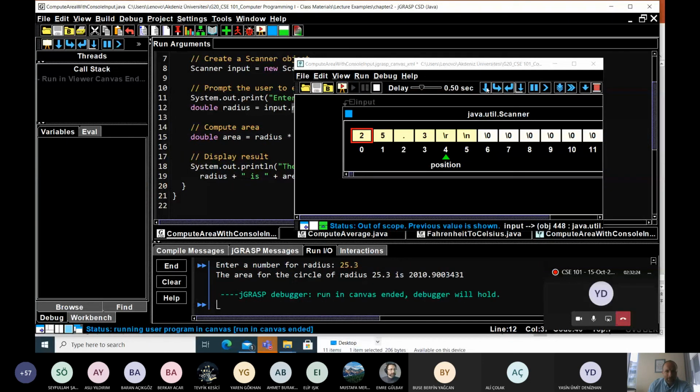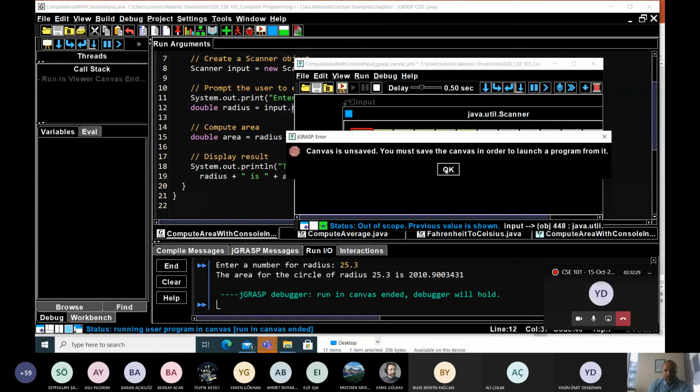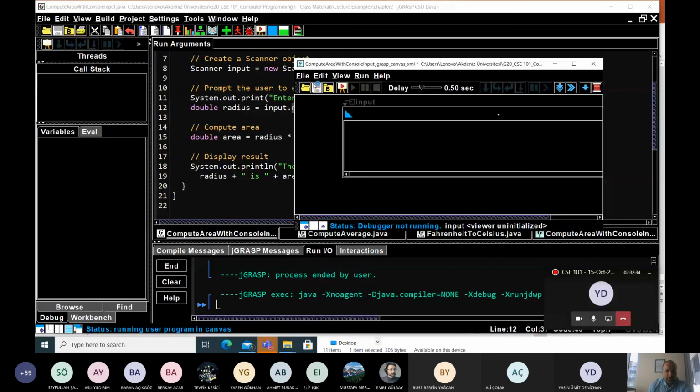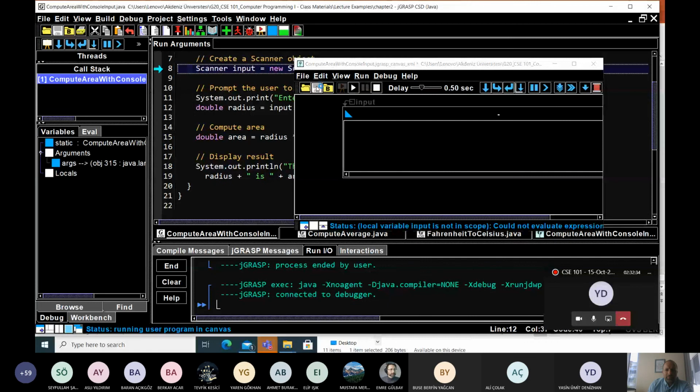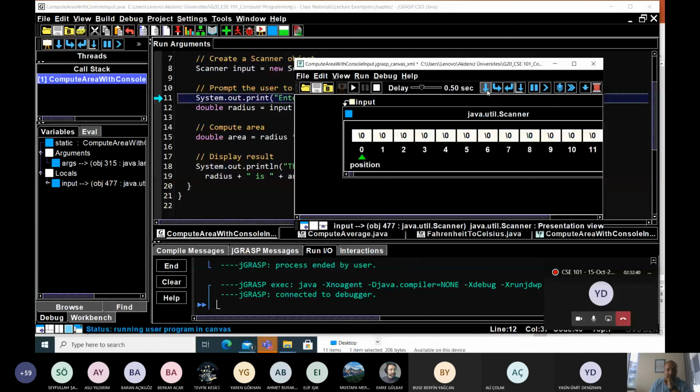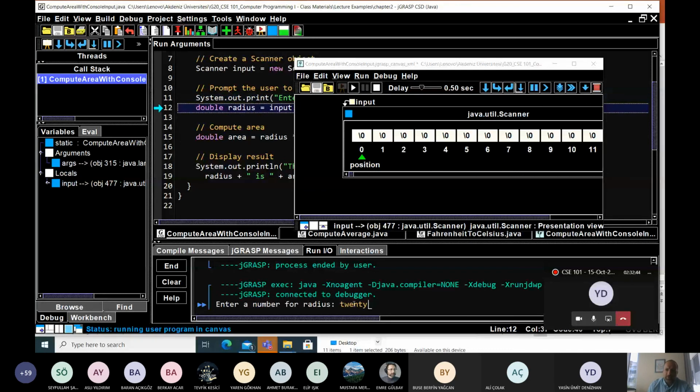Okay. Now why is this important? Because, where's my run? Okay. This is important because that example that I just gave where I tried to type in non-numeric characters, right?